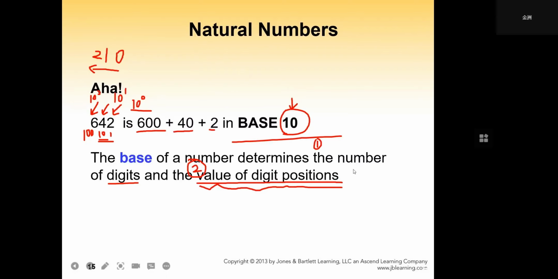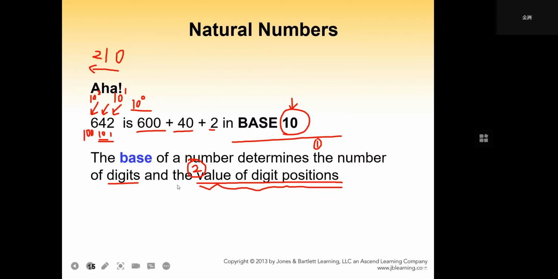So the number of digits is determined by the base. If the base is 8, then we only have 8 digits from 0 to 7. If the base is 2, we have only 2 digits, 0 and 1. So the base determines the number of digits.